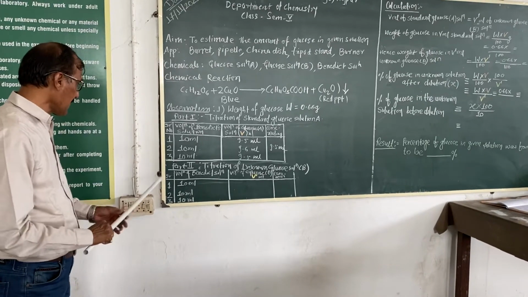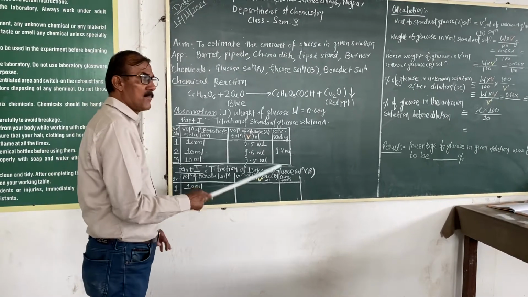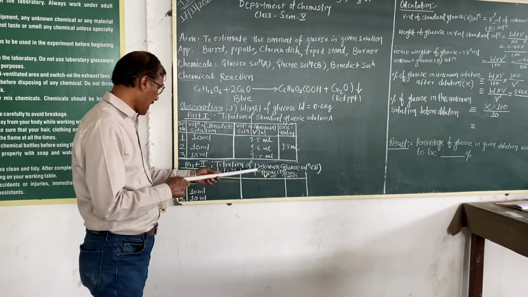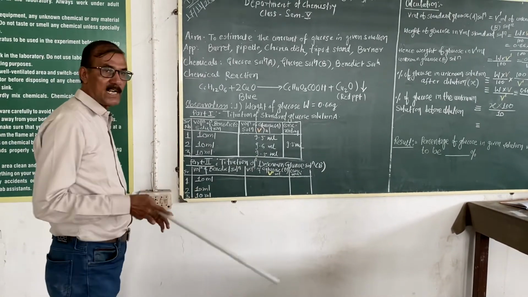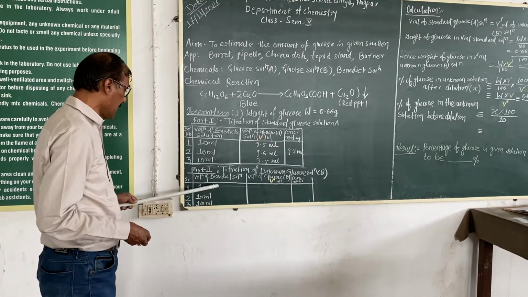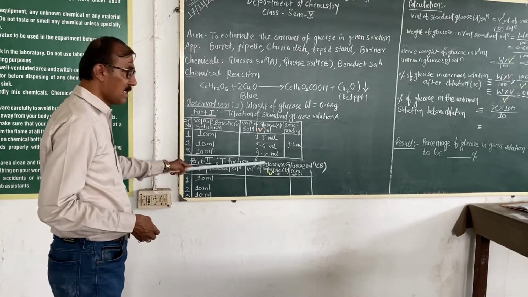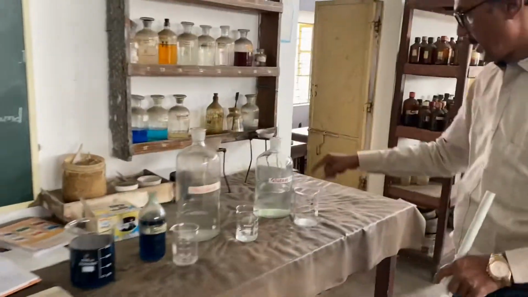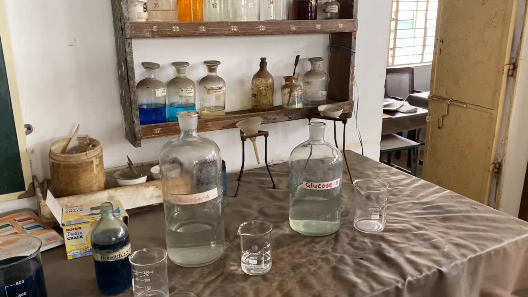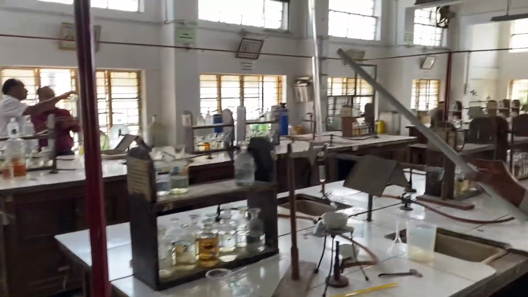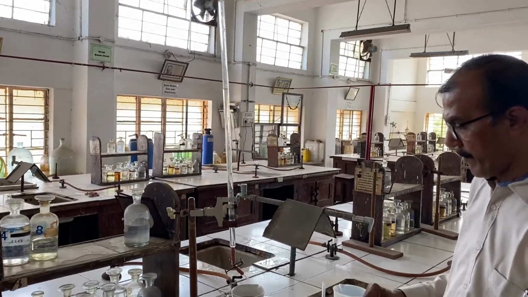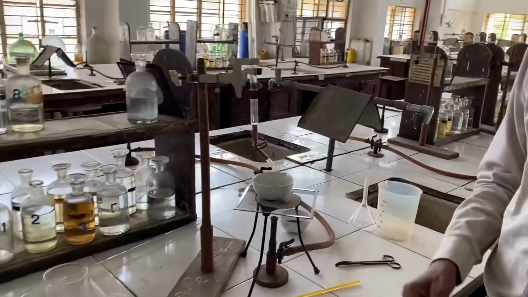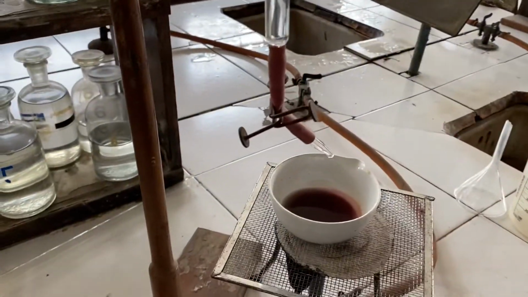Now again for titration, fill up the burette with the unknown glucose solution B, whose concentration is to be determined. Again repeat the same procedure. Fill up the burette and take 10 ml Benedict solution in a china dish and again do the titration.